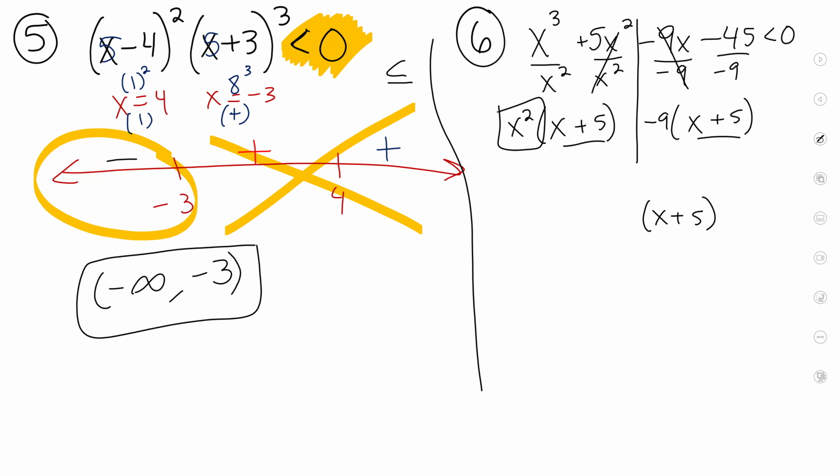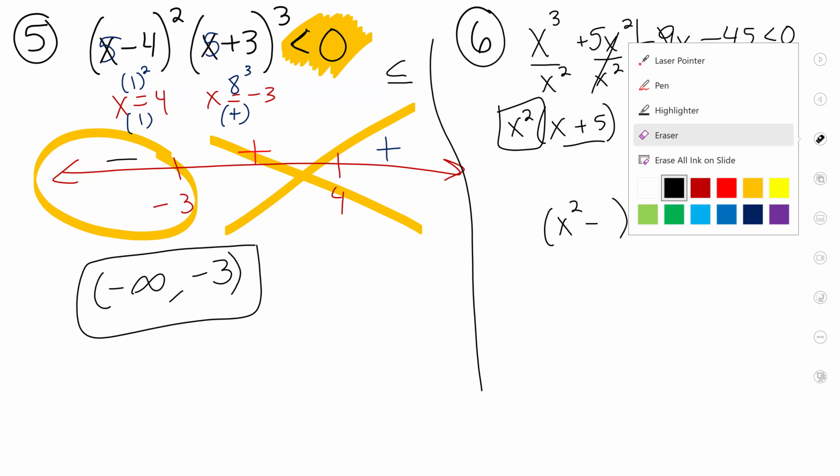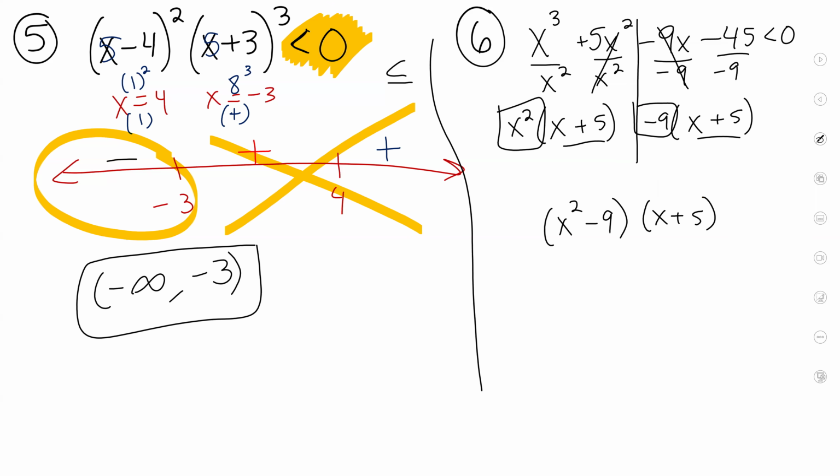What is on the outside will go in its own parenthesis. That should be a 9. Okay, we can continue factoring this. This can be x plus 3 times x minus 3, and then x plus 5. So these are our factors. Our answers, if it was equal to 0, would be -3, +3, and -5.